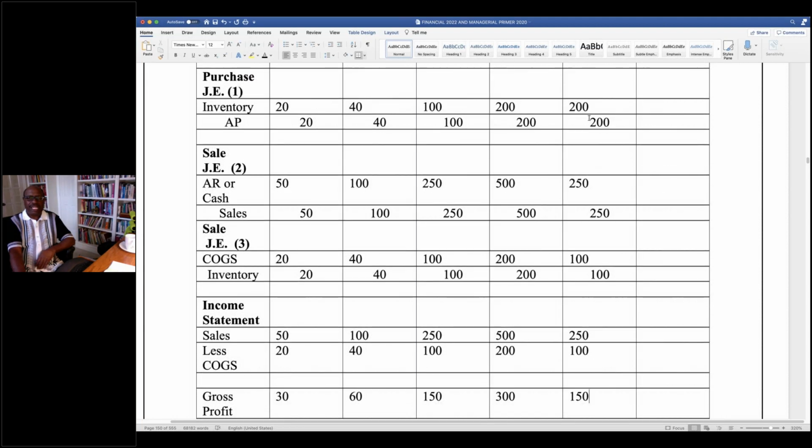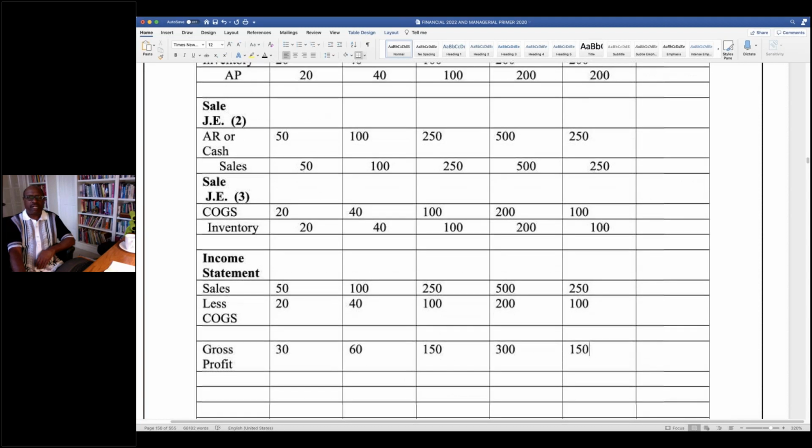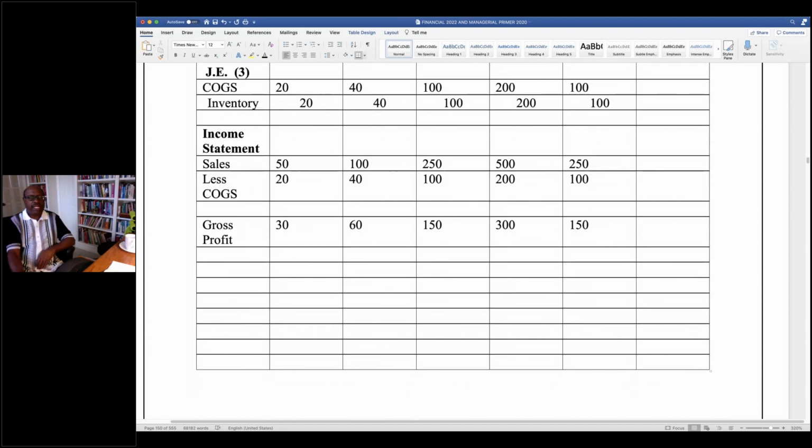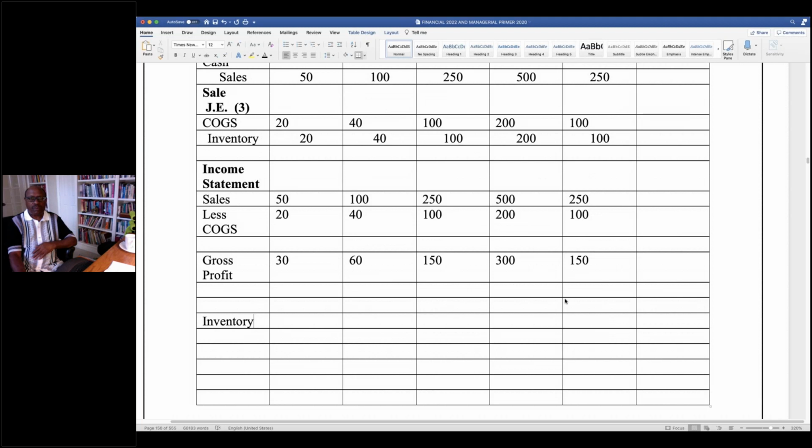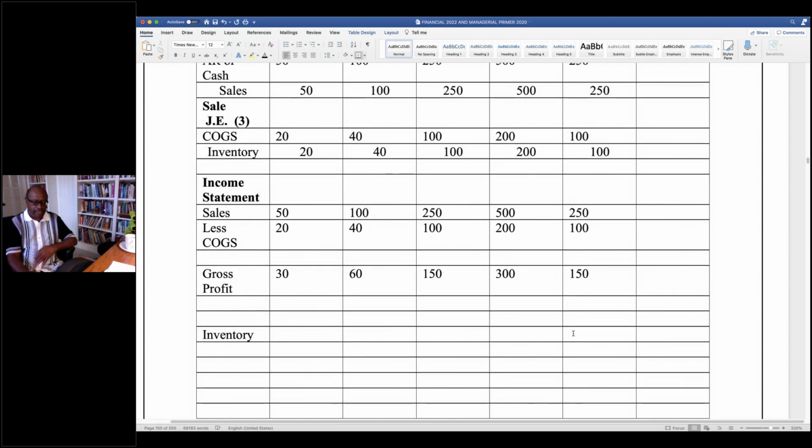We would have had 200 in the inventory account originally. If we take out the cost of goods sold, then on the balance sheet we've got an inventory account with 100 in it. In all the other situations, all the inventory was sold, so there was nothing in this account.